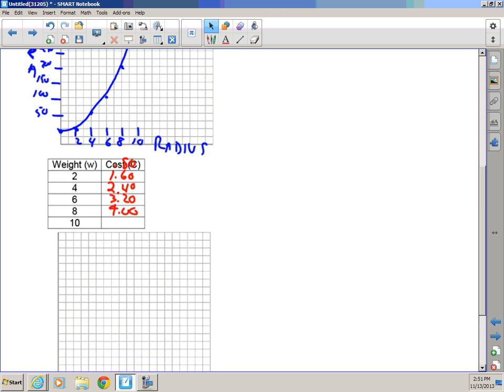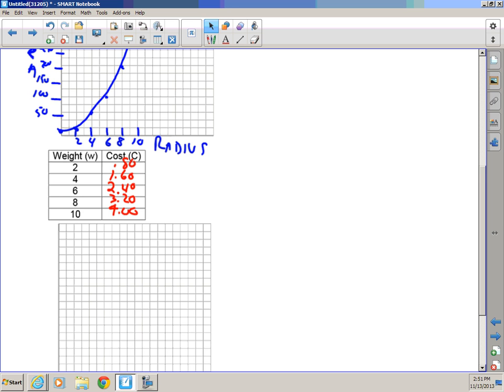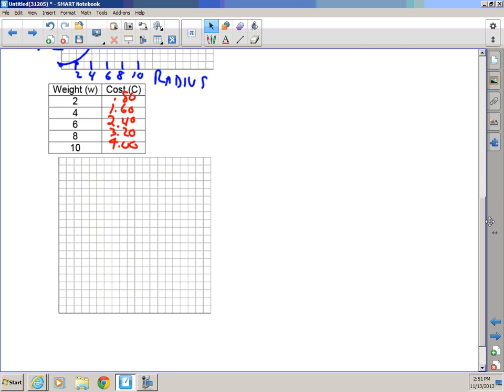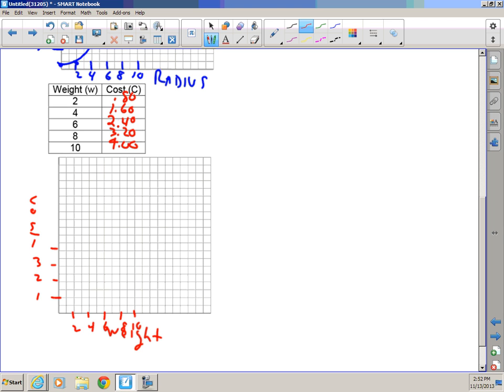The weight is the x-axis, and the cost is the y. I'm going to count my 2s here again: 2, 4, 6, 8, and 10. And then I'm going to have $1, $2, $3, $4.